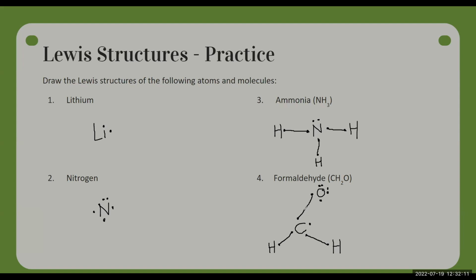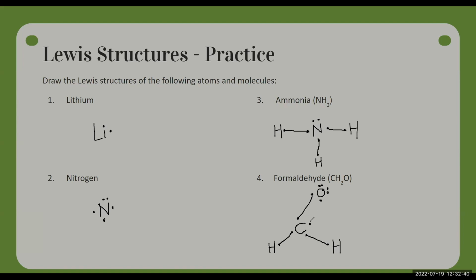So if we do an electron count on the central carbon, we can see that there's going to be 2, 4, 6, and then 7 right here. This one also, if you count the oxygen, we have 2, 4, 6, and then 7. So both carbon and oxygen do not have a filled octet.